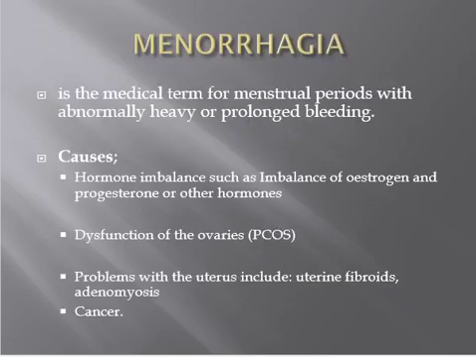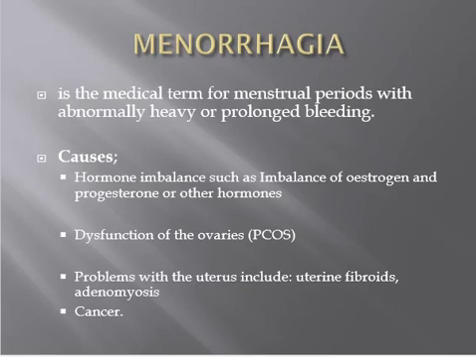So this is literally abnormal heavy flow and prolonged as well. This can be caused by hormonal imbalance, such as an imbalance of estrogen and progesterone or any other hormone. Then this can be caused by dysfunctions of the ovary when you have PCOS.